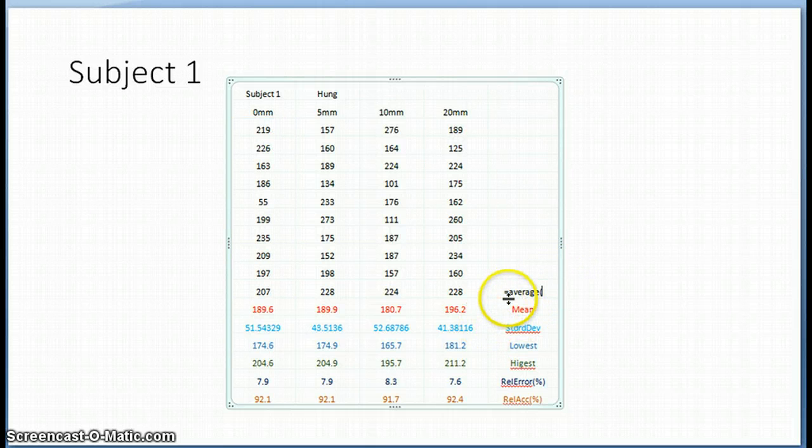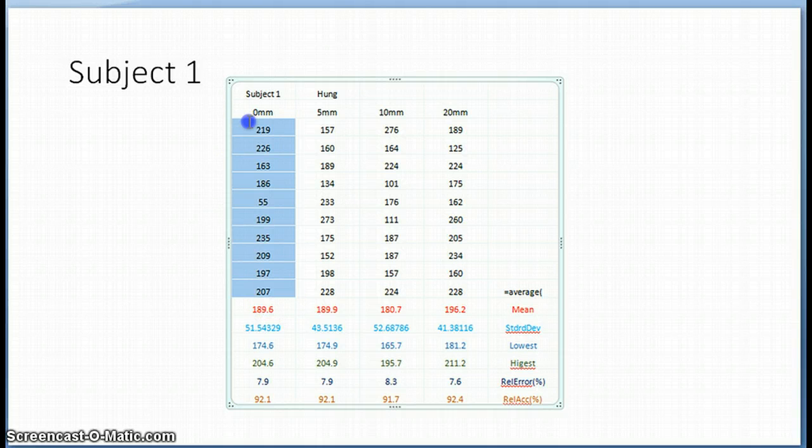And there's also a command called standard deviation, which gives us the standard deviation of the data if we select from the first one to the last one. And the other one is very easy.